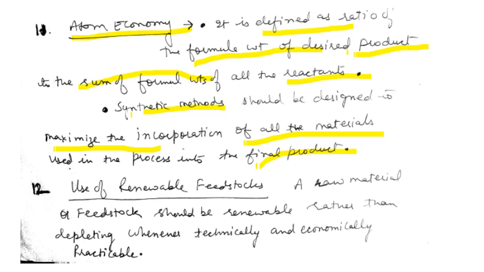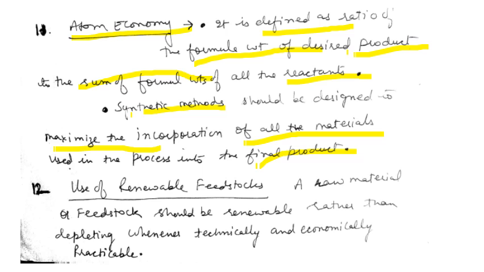That should be our aim in atom economy. By finding out the weight of the reactants we are taking and the weight of the product we are getting, the ratio is seen, so that we get the maximum final product. That is the atom economy principle.